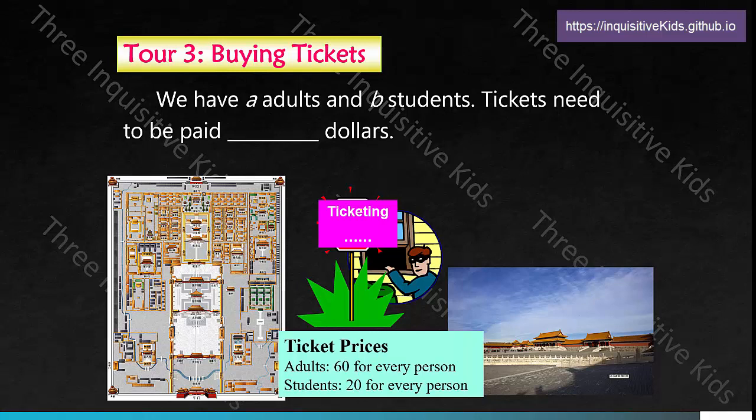That would give us the total number of dollars spent. The dollars spent on adults can be written as 60A, plus the dollars of the students. So that's 20B, because remember, there's $20 for every student. So that's 60A plus 20B dollars.